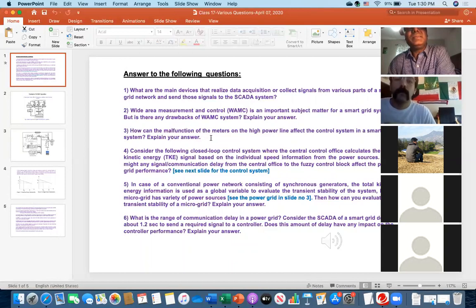But I am asking about malfunction. This means I'm assuming those meters are not functioning properly and are giving wrong readings. If the wrong reading goes to the control system, the controller will produce a wrong decision, and that will affect the performance of the entire smart grid system. Is this fine? Yes, sir. Okay.